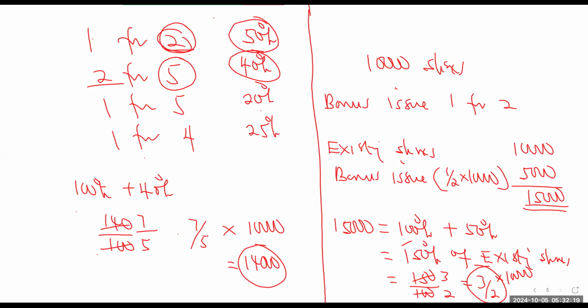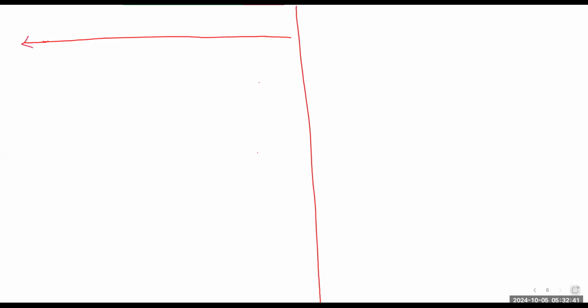Why do we say bonus issue fraction? Because they will be giving you some information relating to the previous earnings per share. Let me just put some illustration here, then we move on. So let's say this is the 2021 year.